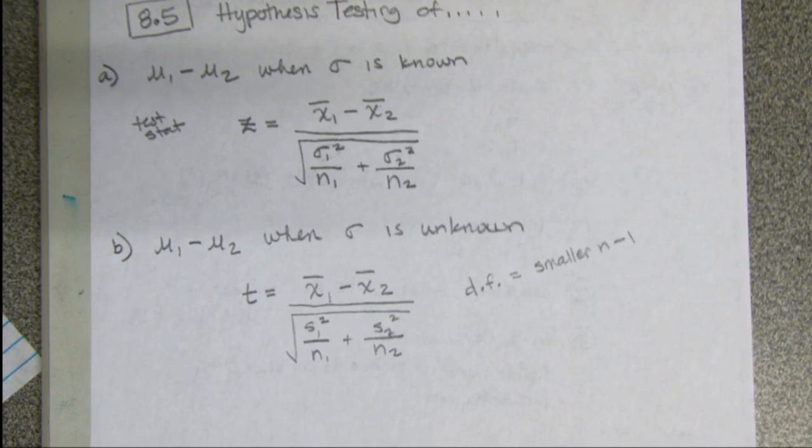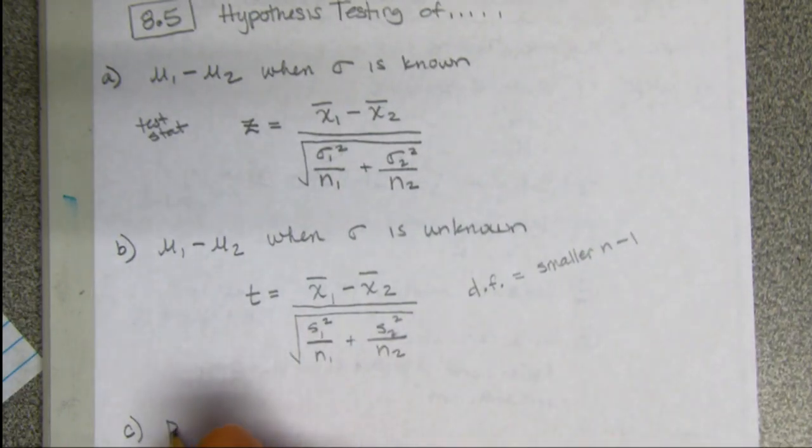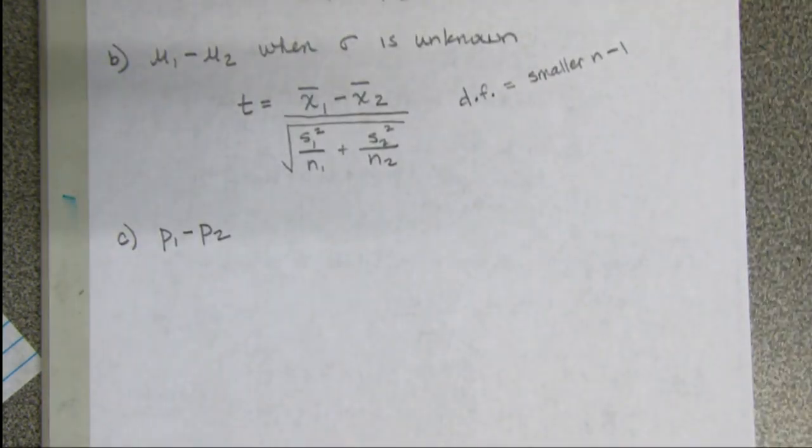All right, last but not least, you're going to compare p's. And on p's, it doesn't matter if sigma is known or not. We don't need a sigma when we're testing p's.